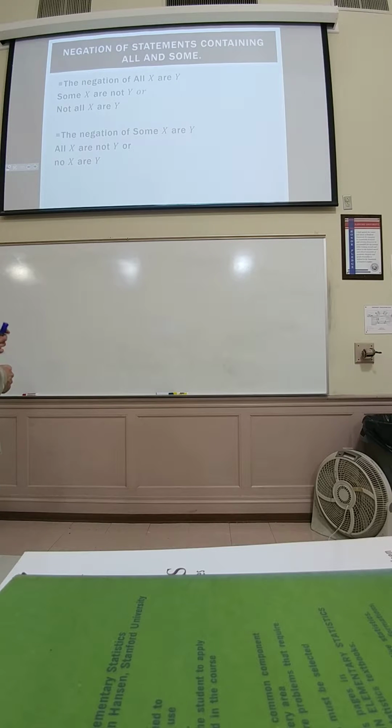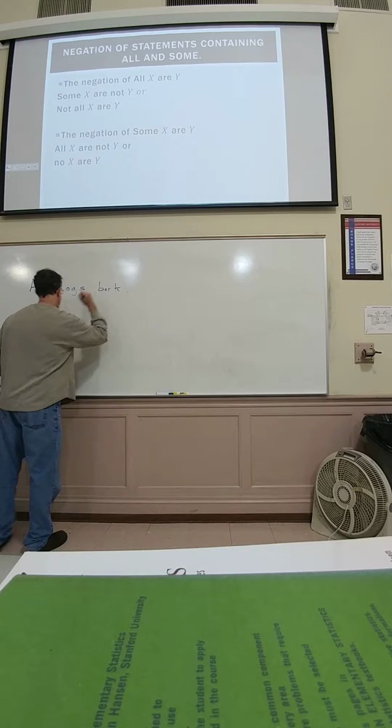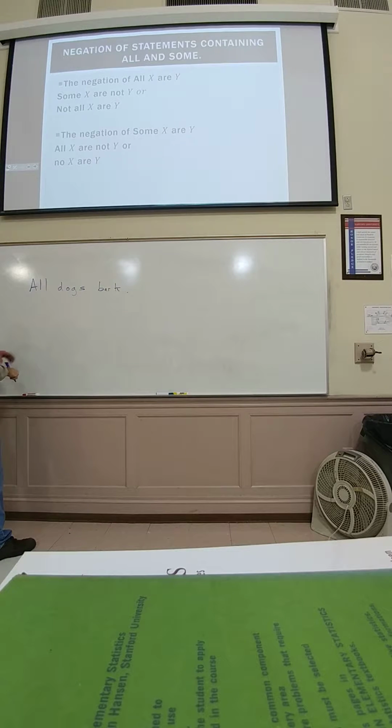All right. Negating statements that have either the quantifier all or some. As you can see, if you have the quantifier all, for example, if I say all dogs bark, then you can negate one of two ways.